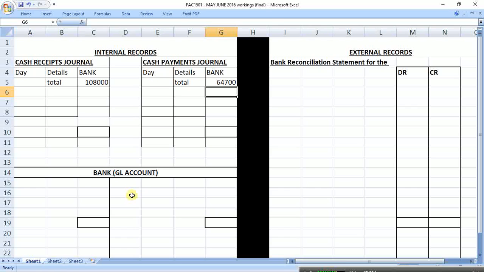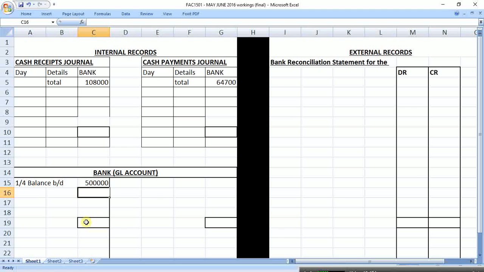Debit or credit? It's a debit, sorry, it's a positive balance. Favorable. What month? April. 1st of April, balance brought down. How much? 500.